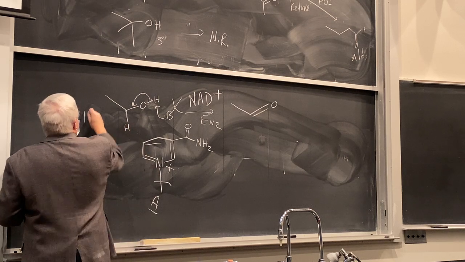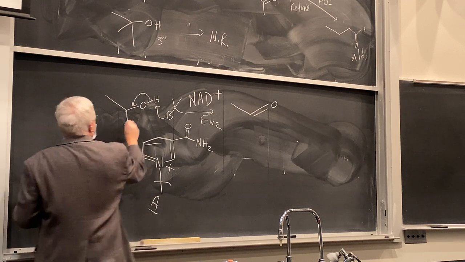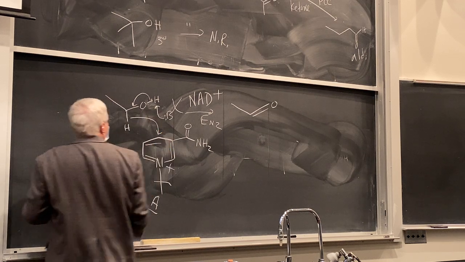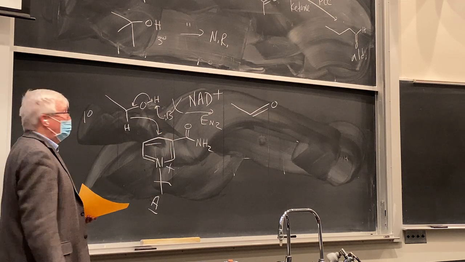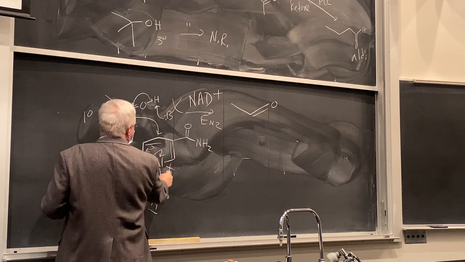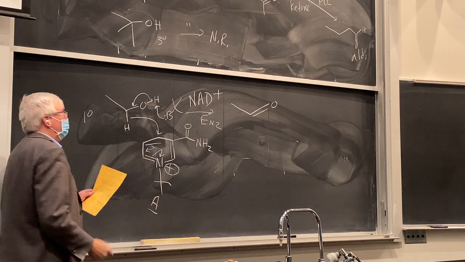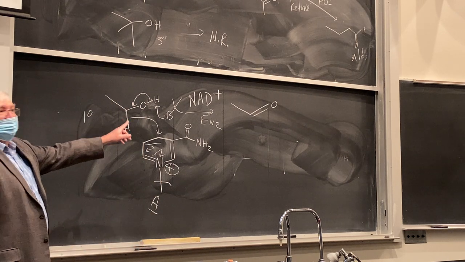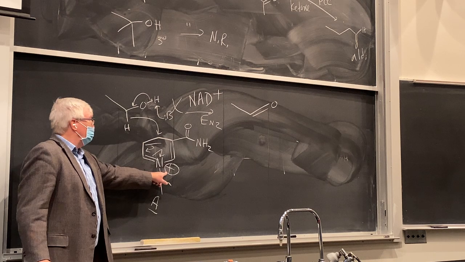This is a primary alcohol, so we have hydrogens right here. These hydrogens can flow into the pyridinium cofactor and push these electrons onto the nitrogen, which had a plus charge to begin with. That's why it's called NAD+. It's a pyridinium plus charge.